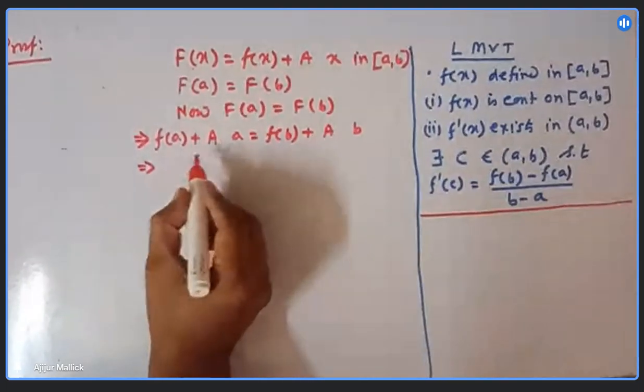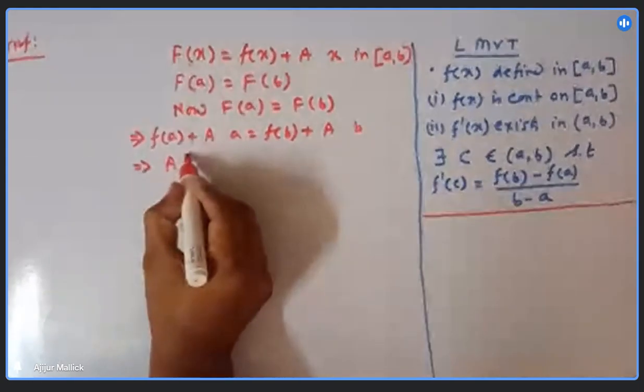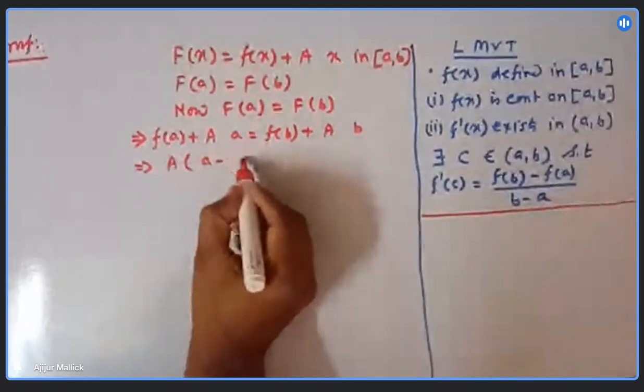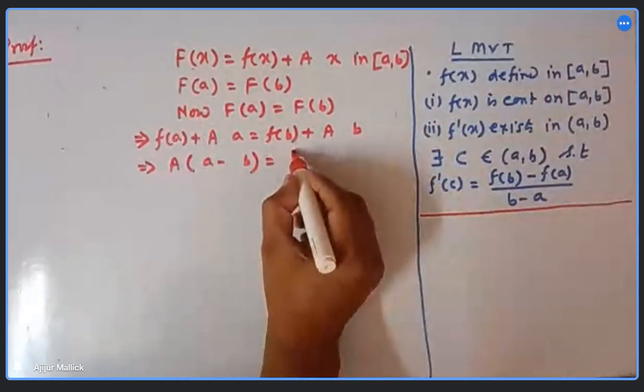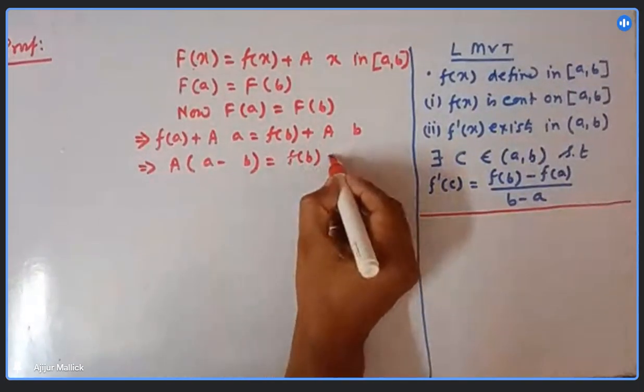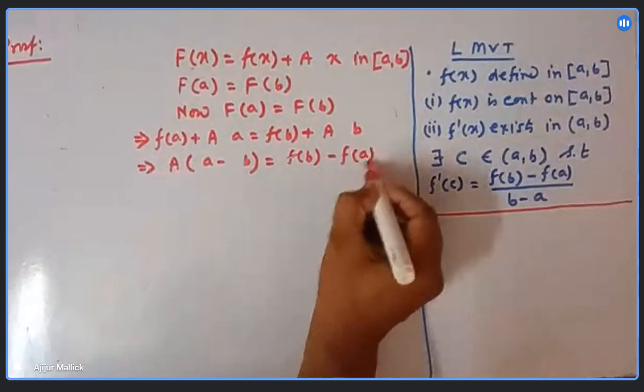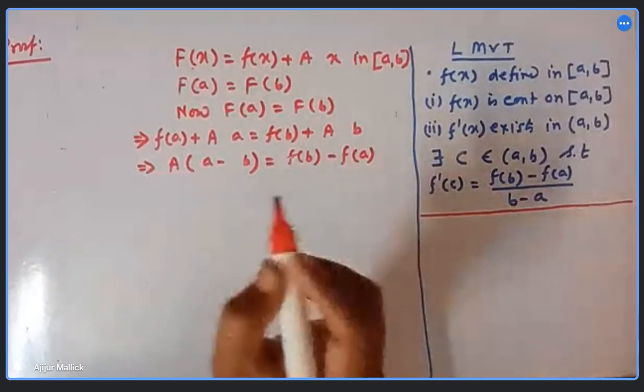From here we get capital A into (a minus b) is equal to f(b) minus f(a).